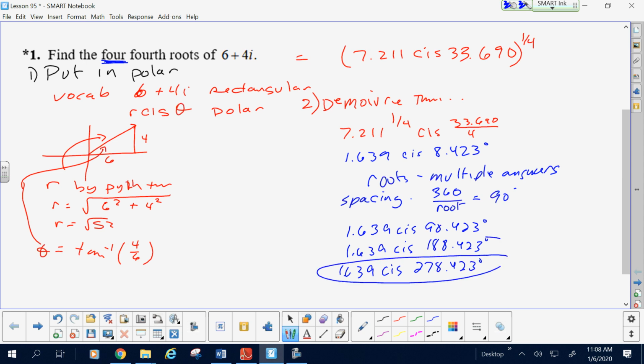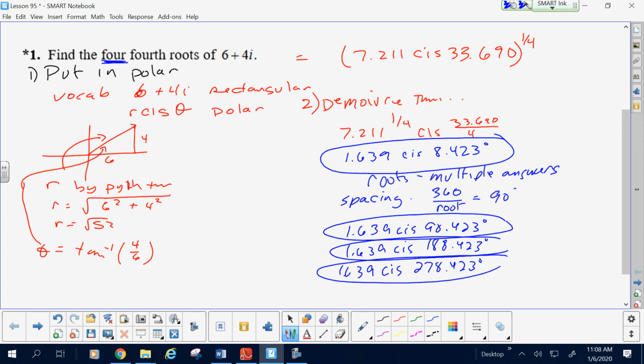I have 1, 2, 3, and my original solution 4. The answers, now I was taught, you're going to love this, but the book I learned from, that my teacher said, if you're given rectangular, then you answer rectangular, which actually would make for a lot more work, because then you have to convert that to rectangular. Saxon, for whatever reason, answers in polar, so you are okay.